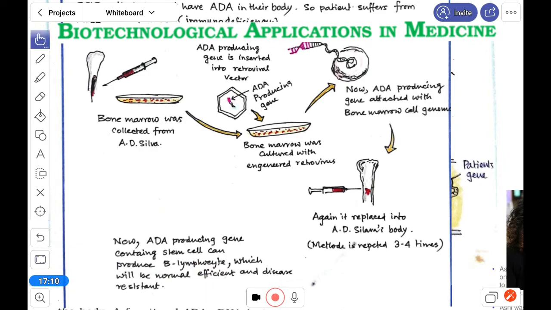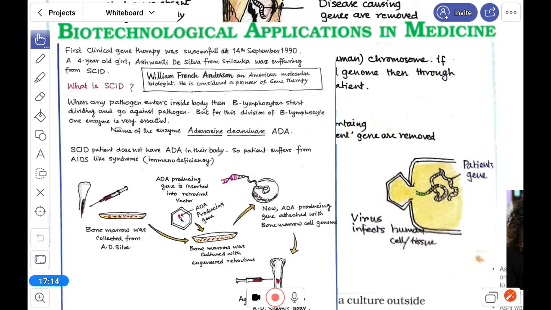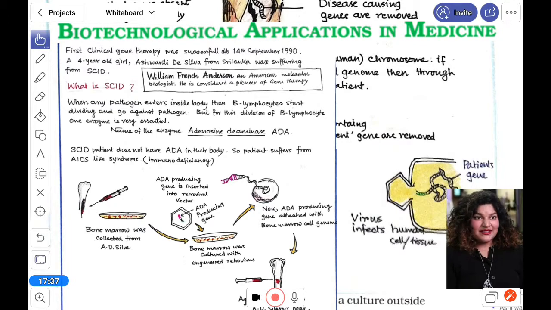Otherwise this disease SCID is almost like AIDS, because this patient will die from any kind of pathogenic effect, because there is no defense system inside the body. B lymphocytes cannot do any work because the division is not there. So a SCID patient cannot survive for long.